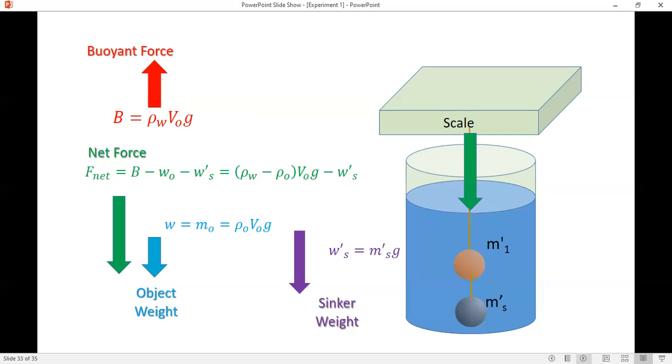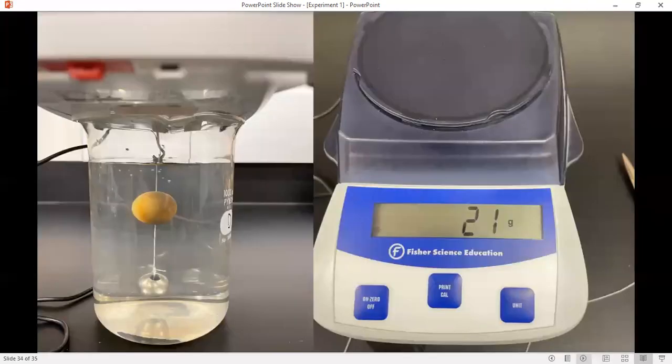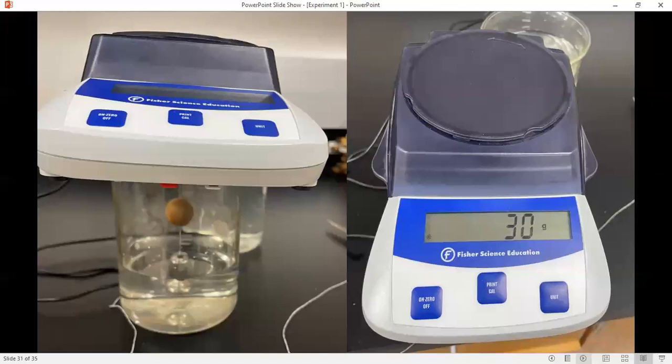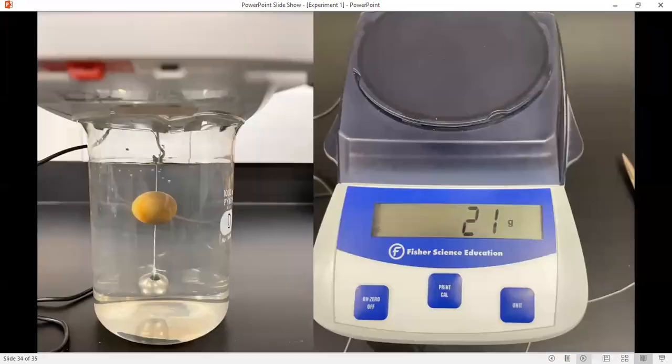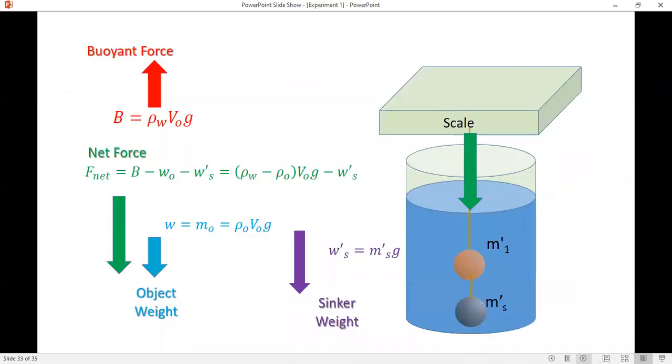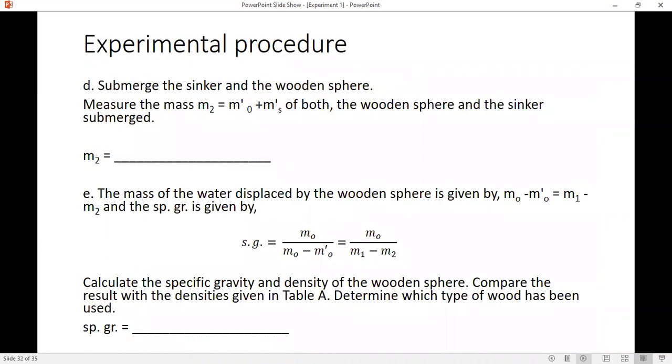Again, the metal sphere is just going to subtract out. So here you can see now both are submerged, and I get a new measurement. So it's going to be the difference between this measurement and this measurement. And that will allow you to calculate the mass of the two.